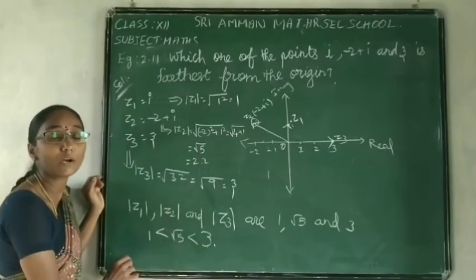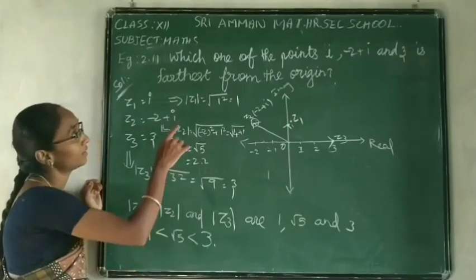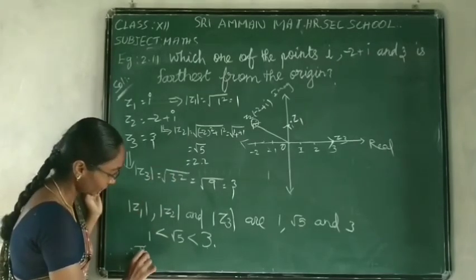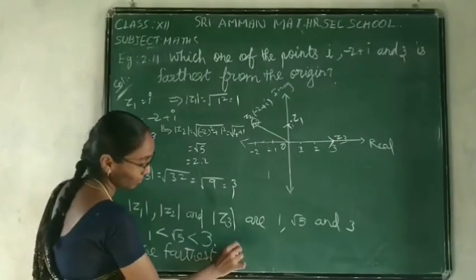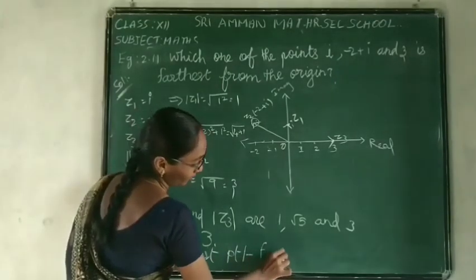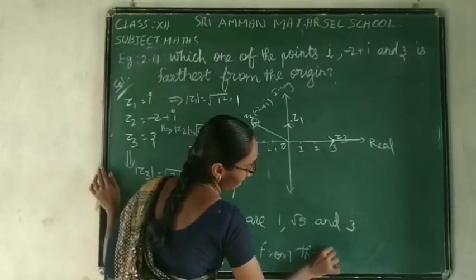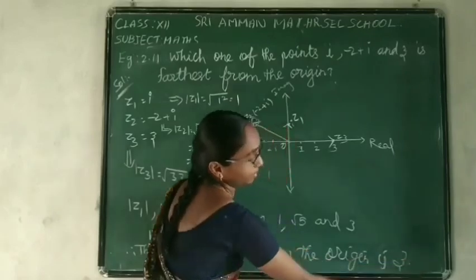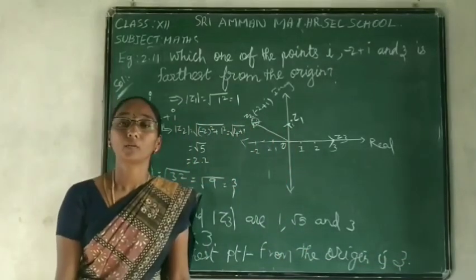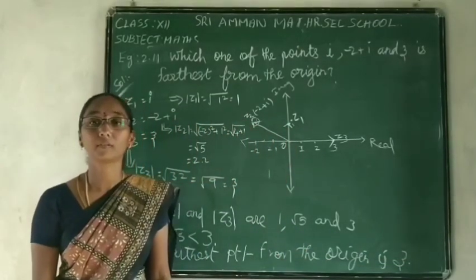So the furthest point from the origin is 3. Okay. Thank you.